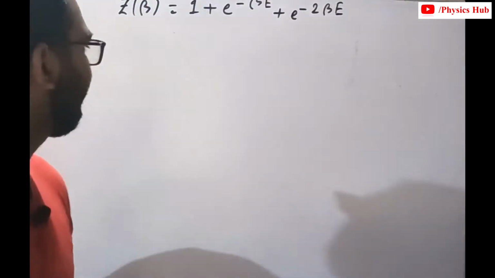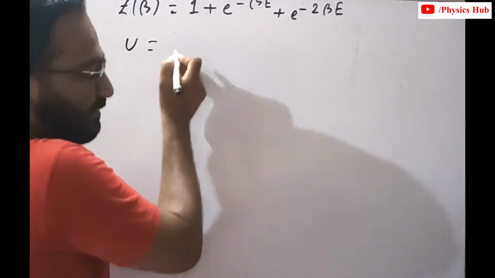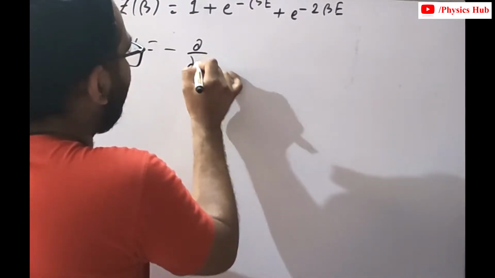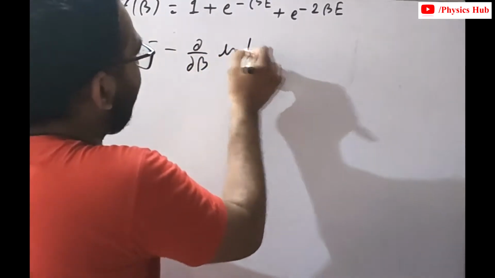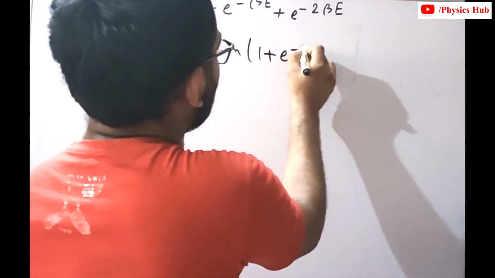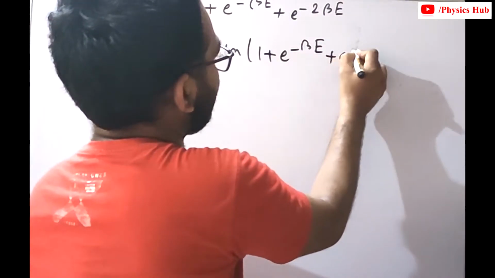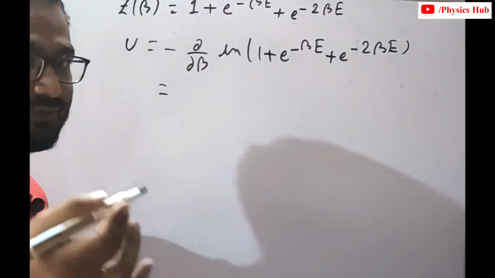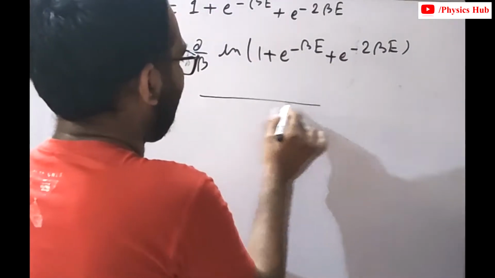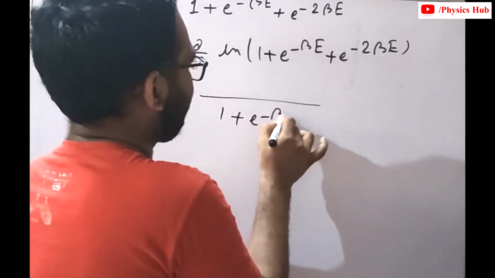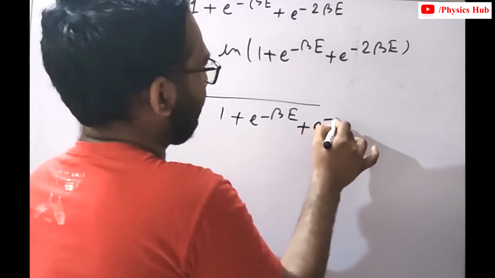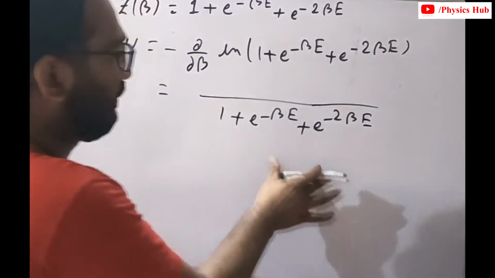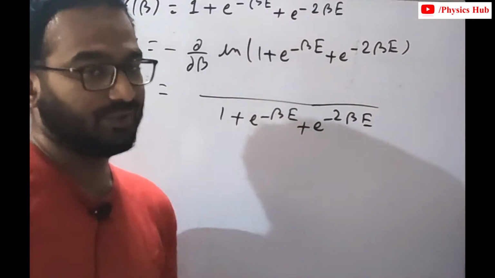Now we can find the internal energy U equals minus del/del beta of ln Z. So let's write minus del/del beta, and we have found Z, so ln of 1 plus e to the power minus beta E plus e to the power minus twice beta E. Now take the derivative with respect to beta. The denominator is 1 plus e to the power minus beta E plus e to the power minus twice beta E. Now we take the derivative of this function with respect to beta.